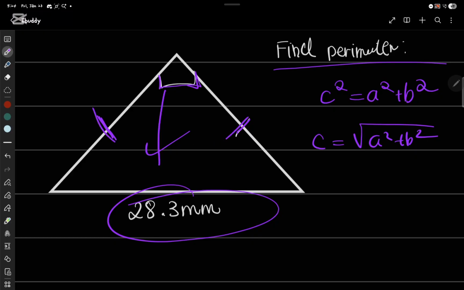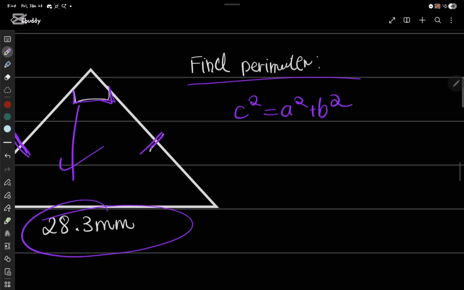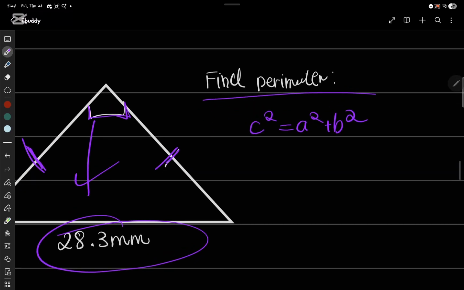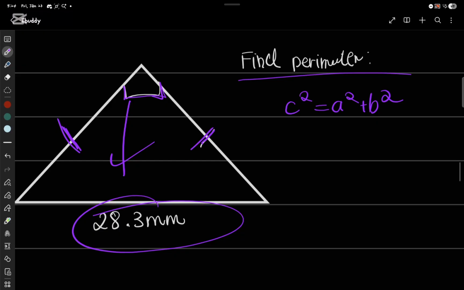When there's two unknowns and no angles, I would not use this formula because I want to start off with this to be more simple and easy for me. So for these types of questions, I would usually use the normal formula, c squared equals a squared plus b squared.